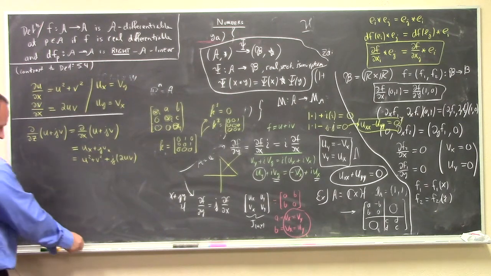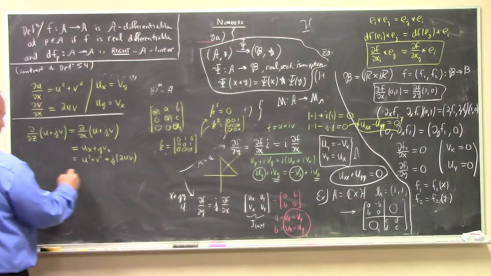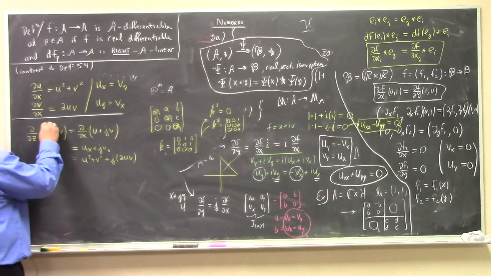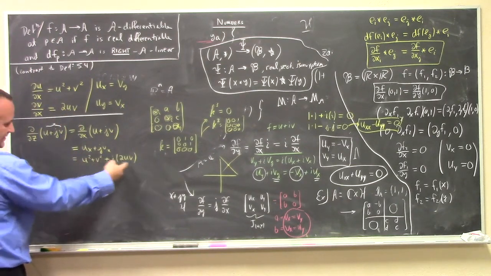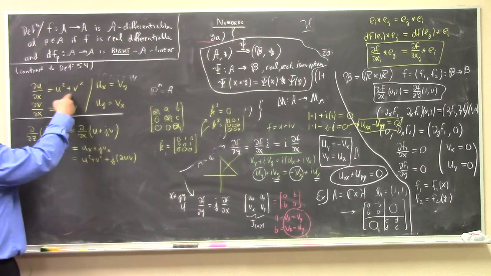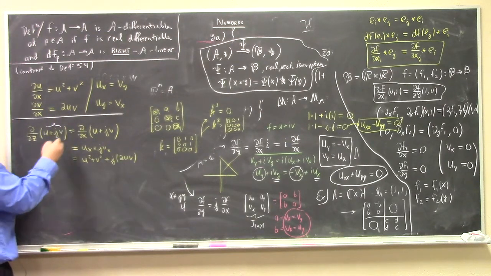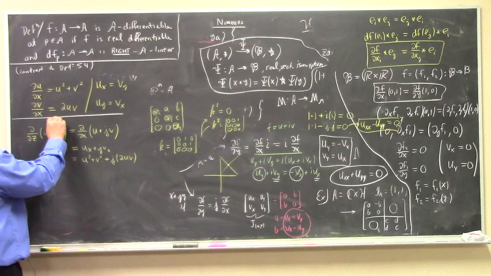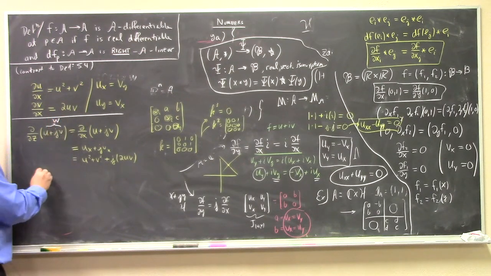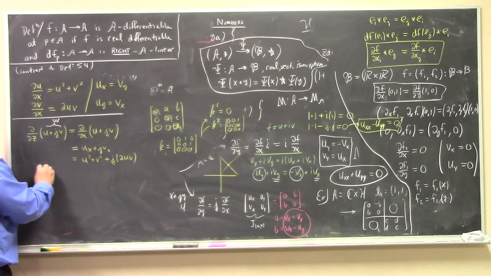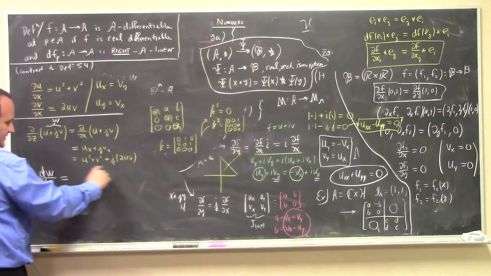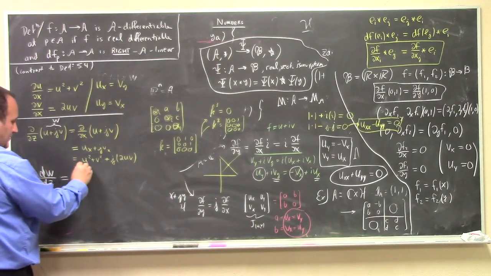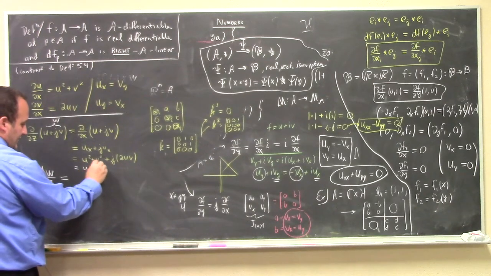So if we call this thing w, what we have is dw dz equal to, what's this? Well, this is really u plus jv times u plus jv.